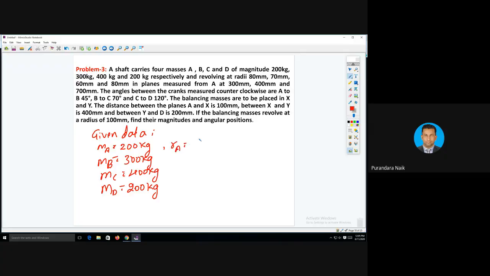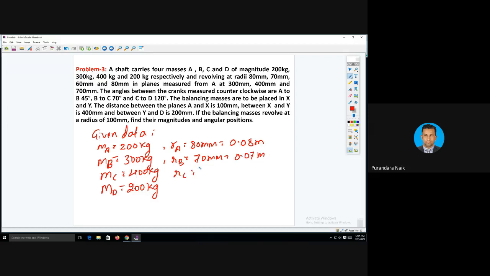All the masses are given in the problem, and the corresponding radii are given. RA, the radius of rotation of mass A, is equal to 80 millimeter, and it is equal to 0.08 meter. RB is equal to 70 millimeter, it is equal to 0.07 meter.